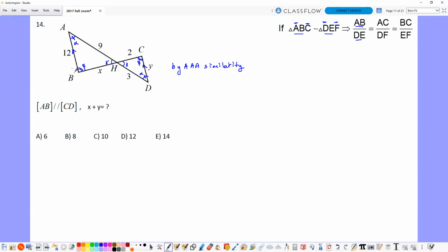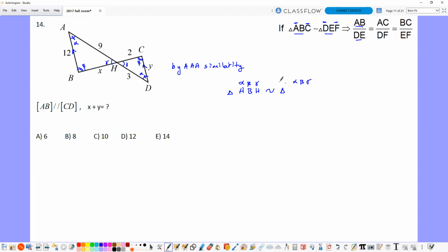these two triangles, ABH and CHD, are similar, but I didn't tell the order correctly. If it is angle similarity, all the angles have to be written in order. Let's say ABH, if I name the angles alpha, beta and gamma, then I have to write the second triangle in the same alpha, beta, gamma order.